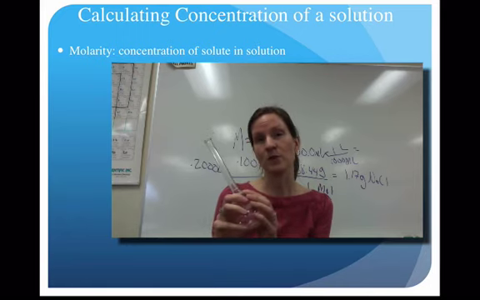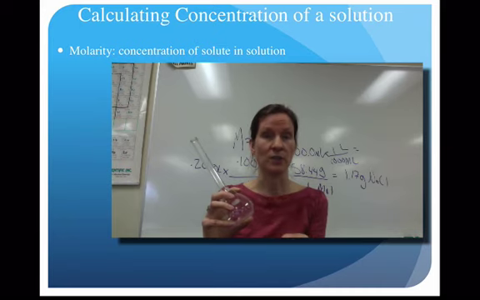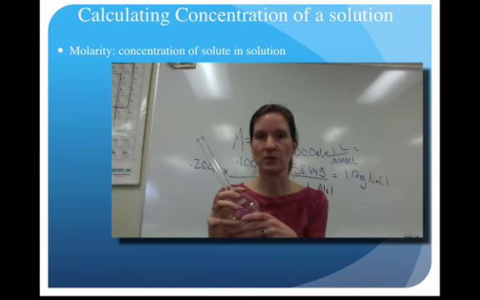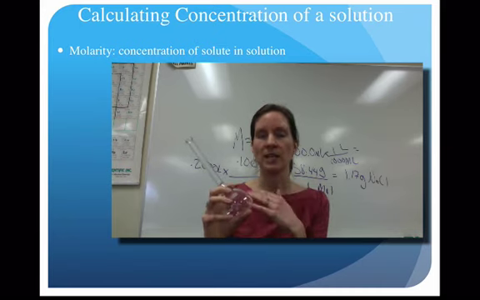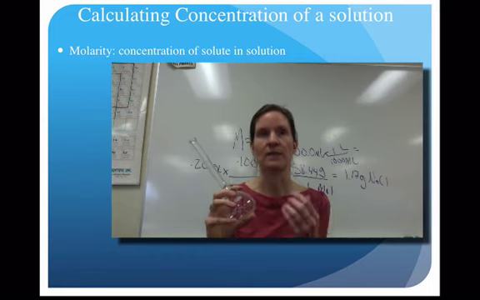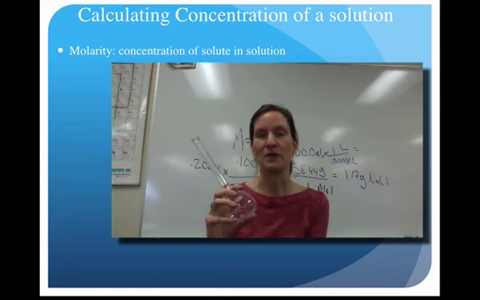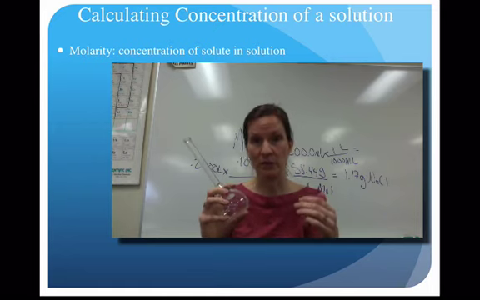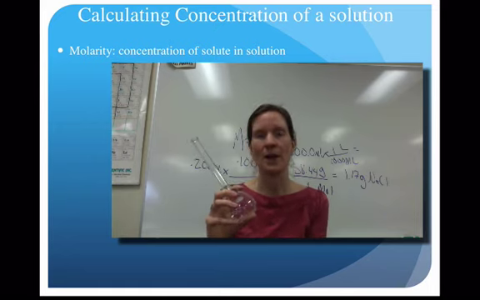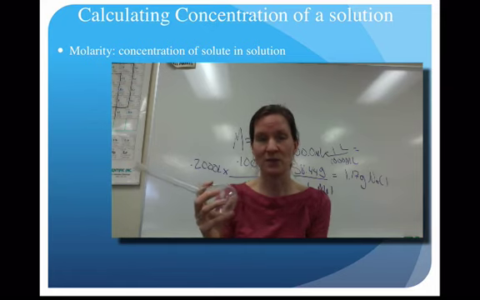The problem is if you measured out like 100 milliliters of water and then dumped your 10 grams of sodium chloride in it, you wouldn't necessarily end up with 100 milliliters of final solution because the volume of sodium chloride will increase the volume of the water.